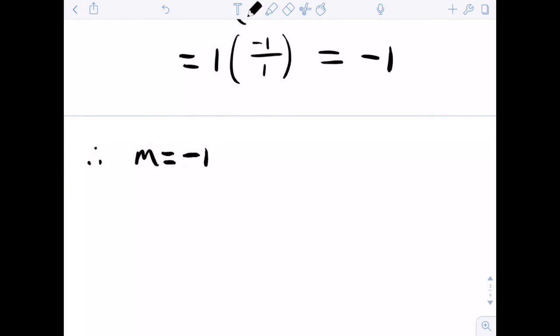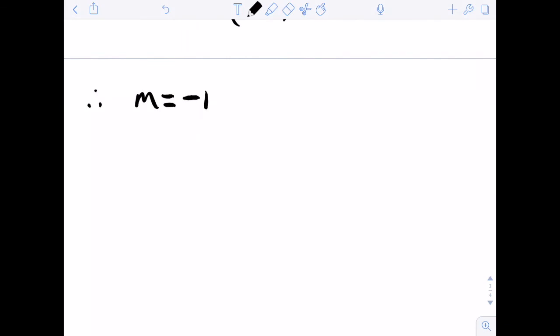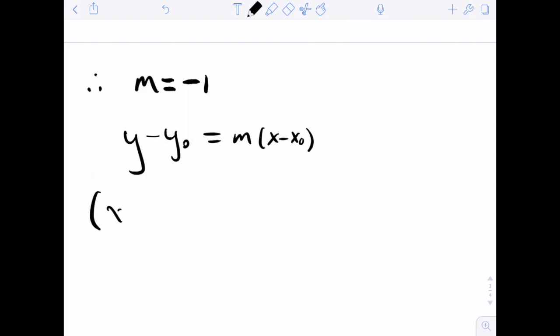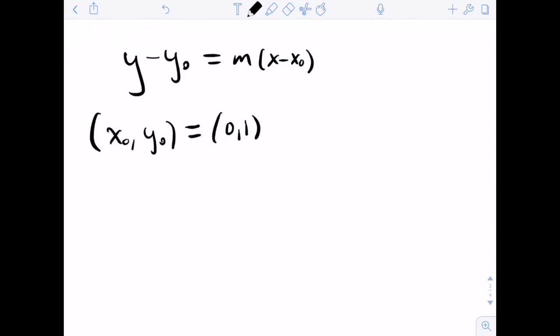Okay, so then for the next part, it's, again, identical to what we've been doing before. We're going to use the point slope formula, y minus y naught equals m times x minus x naught, right? And here the point we were given, x naught, y naught, is the point 0, 1. So we literally just plug in this point and the fact that m is equal to negative 1.